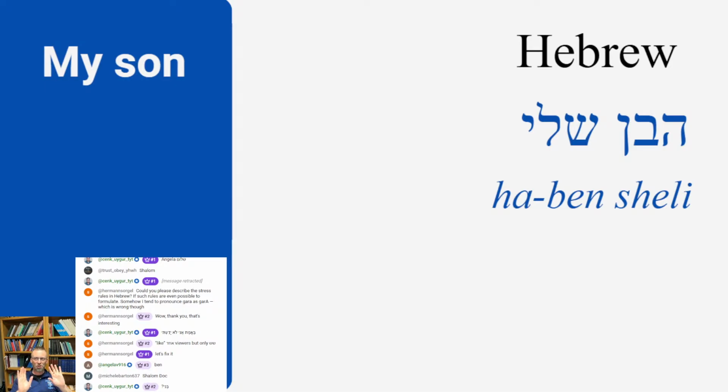But this is just a normal construction, and most people tend to think of shel as just meaning of. So when I translate it literally, I would say the son of me rather than the son which is to me. But haben sheli.